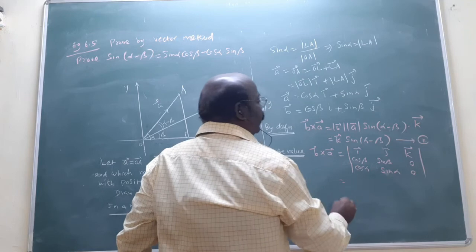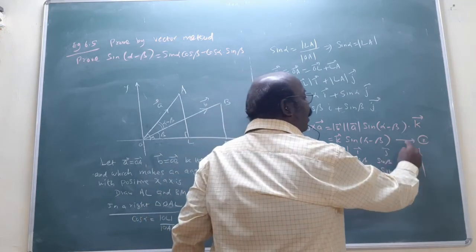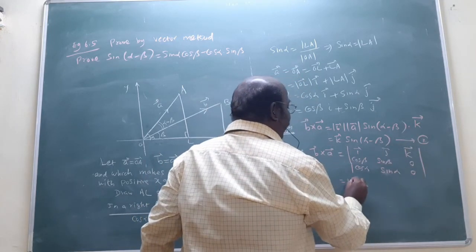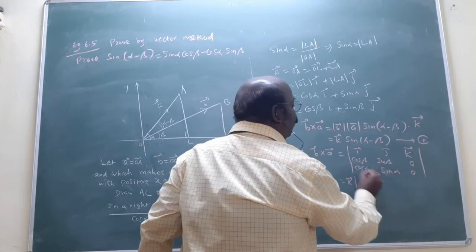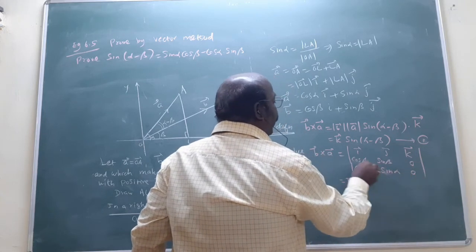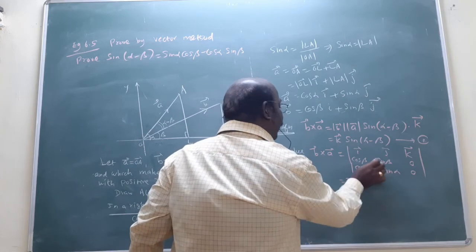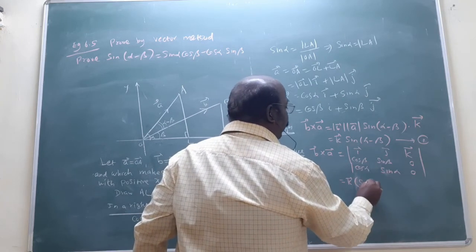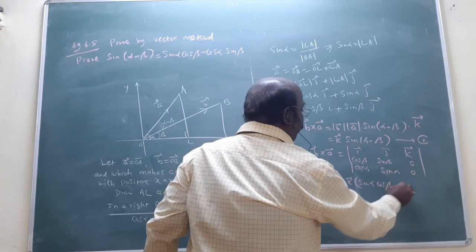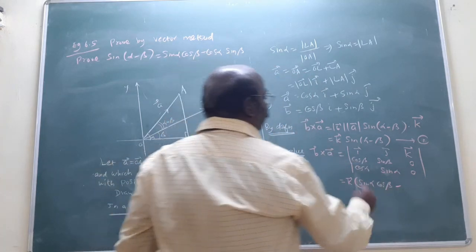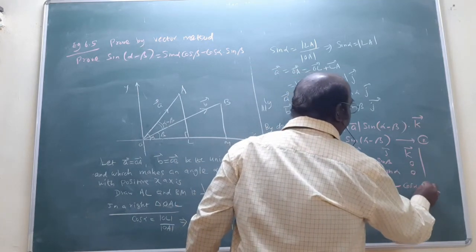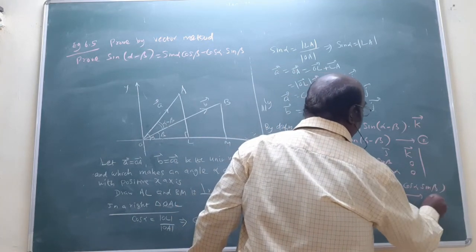Now expand along C3, the k row and column cancel, we get only these 4 elements. Cross multiply: sin alpha cos beta minus cos alpha sin beta. Am I correct? That is equation 2.